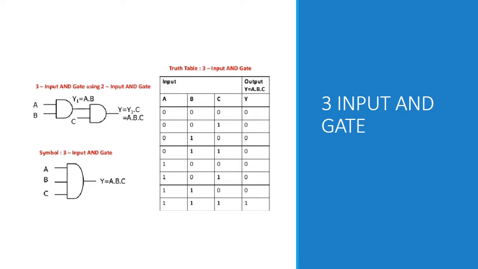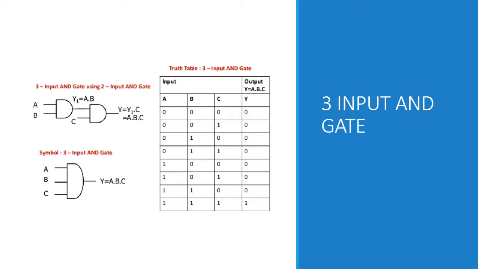The output will be only 1 when all the 3 inputs are at 1. So in the case of 3 inputs as well, if all the inputs of AND gate are at 1, the output will be 1. If any of the input is at 0, the output will be 0.